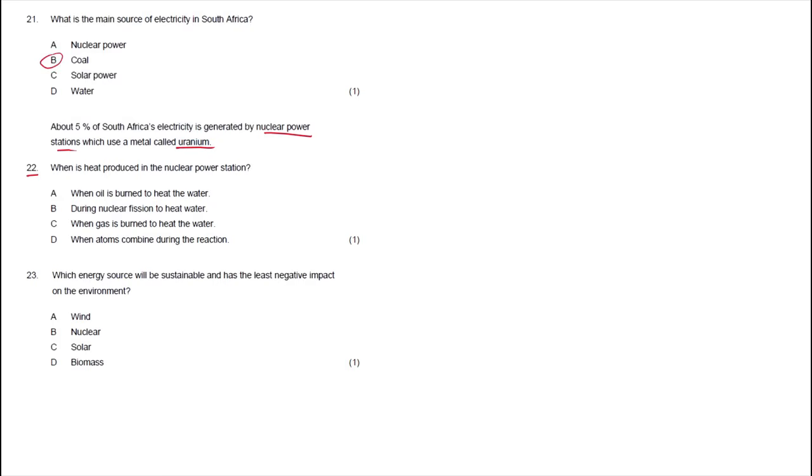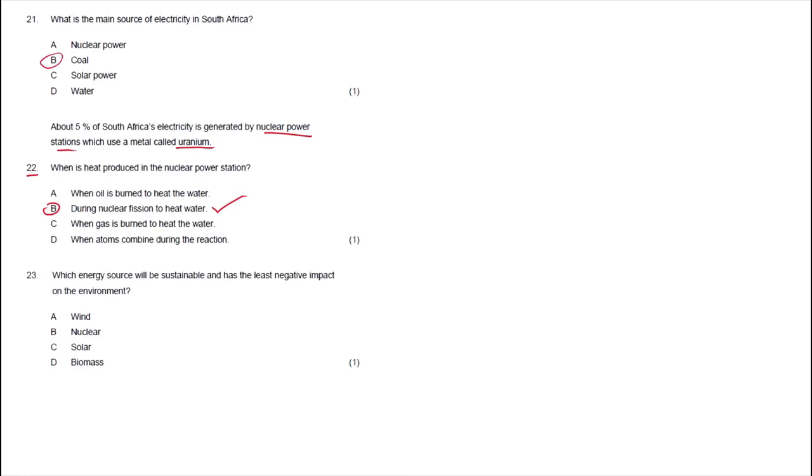So the question here is, when is heat produced in the nuclear power stations? So we know that splitting atoms releases large amounts of heat. So the answer will be B, during nuclear fission to heat water.